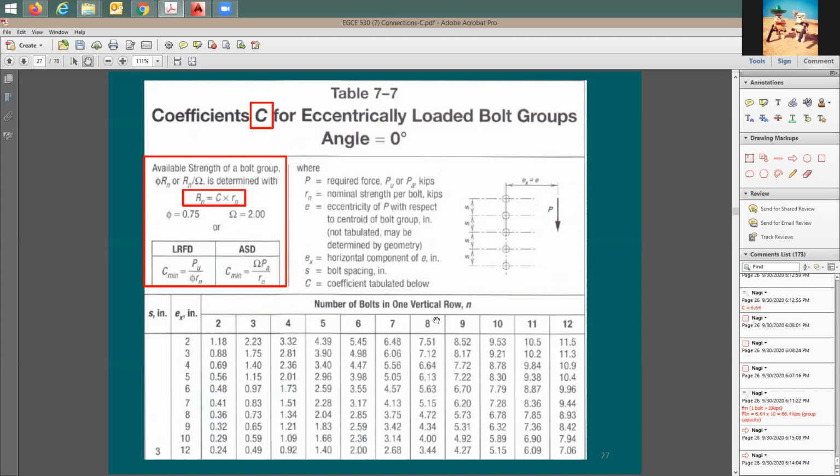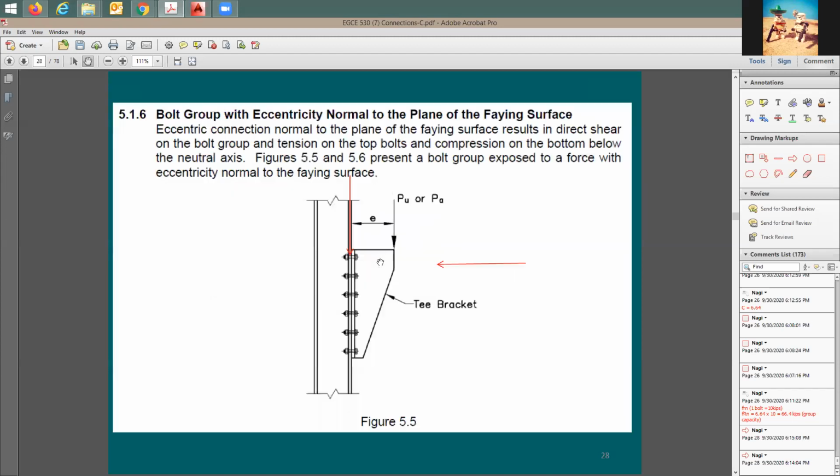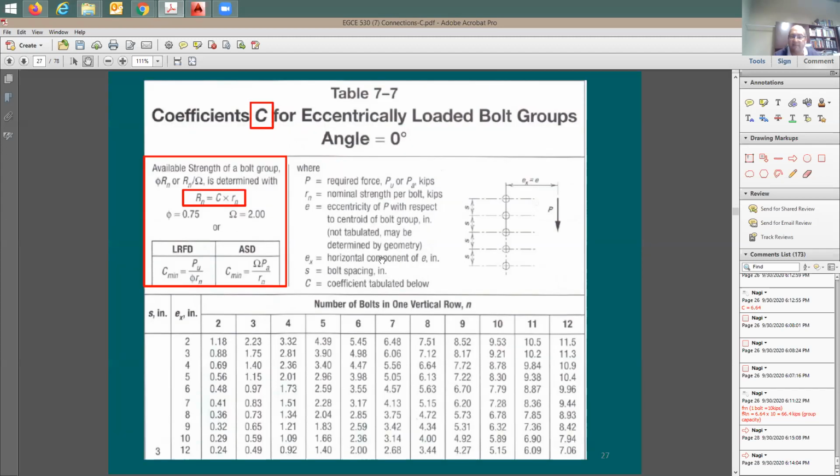So the 50.7? So let's look at this. Let's try to understand this table more, because the answer I'm receiving here means that the point is not clear.